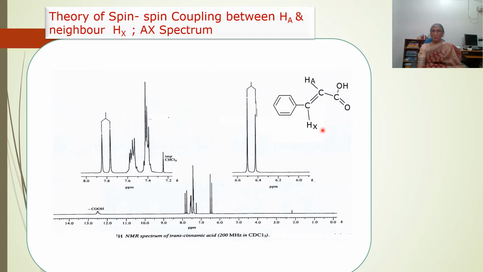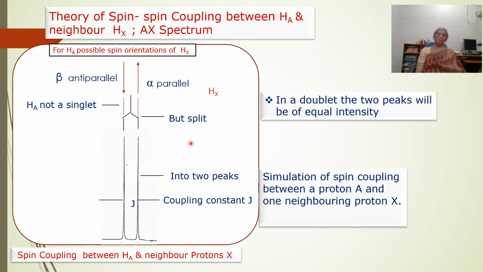So the presence of a neighboring proton can shield the proton or it can de-shield it. So the signal will split up into two peaks. We can represent different spin orientations of two coupling protons by this diagram.